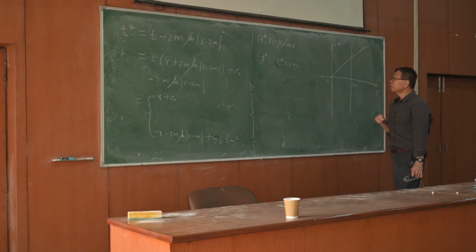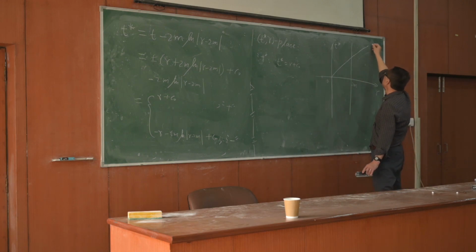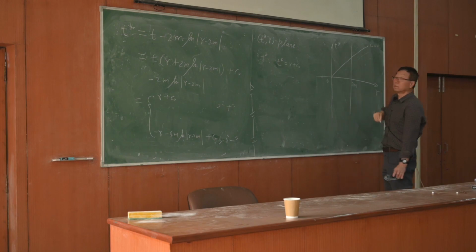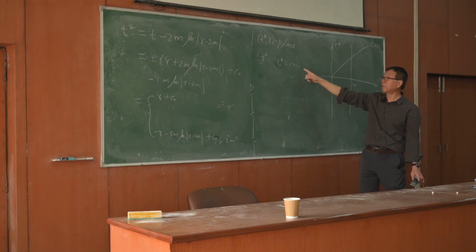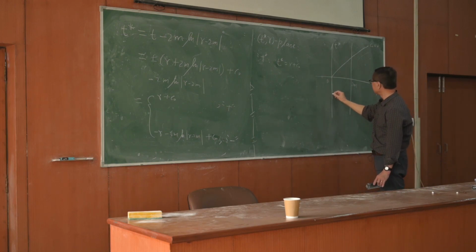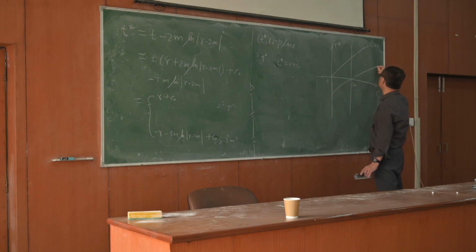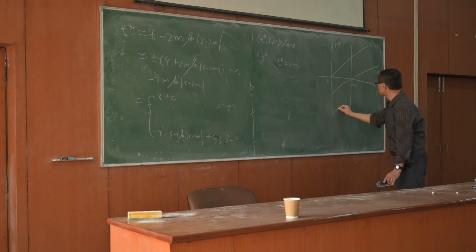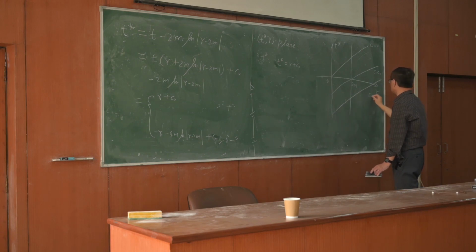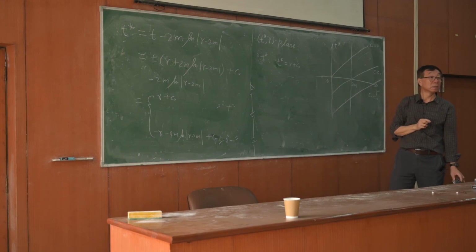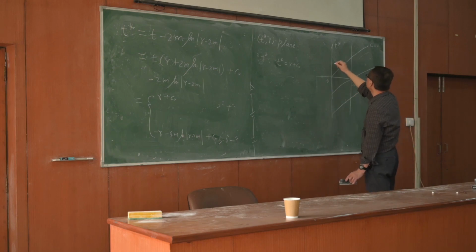So if C0 equals 0 gives this line, what's happening if C0 is negative? I have something like this. What about the positive case?